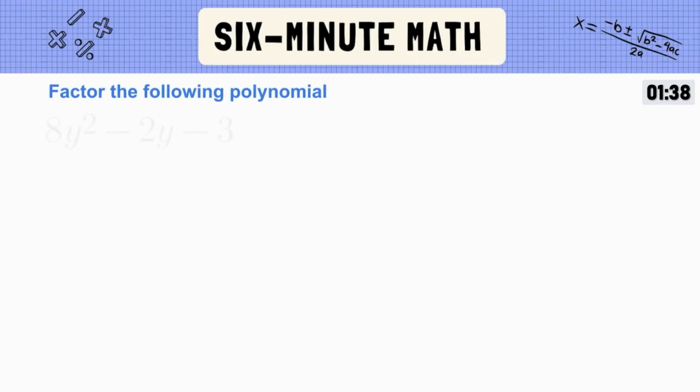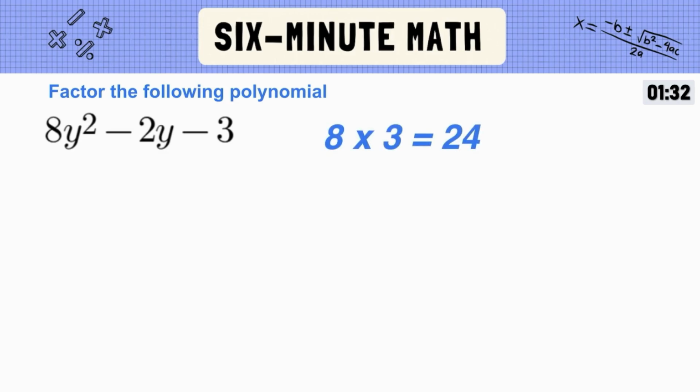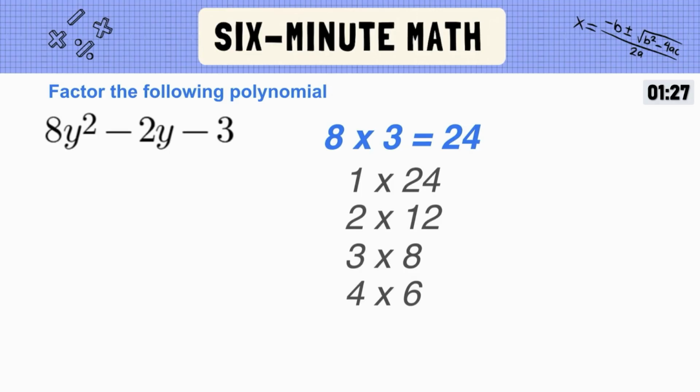Let's check out another example here. We're going to factor 8y squared minus 2y minus 3. We multiply our a and c values for 24. And I am finding which two terms, in this case, subtract to that b value. In this specific example, we have 4 and 6.